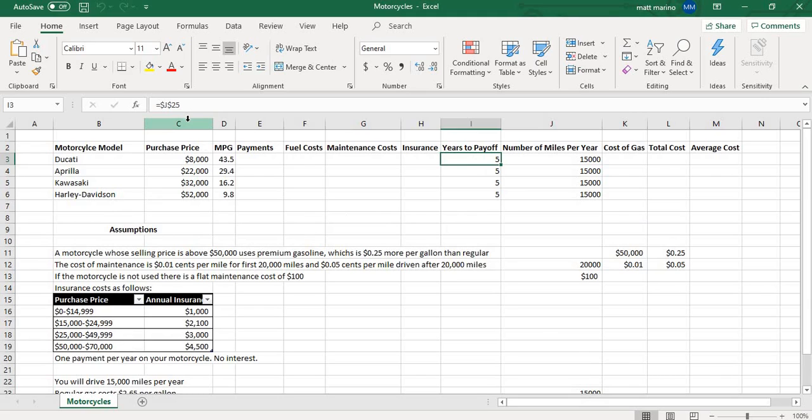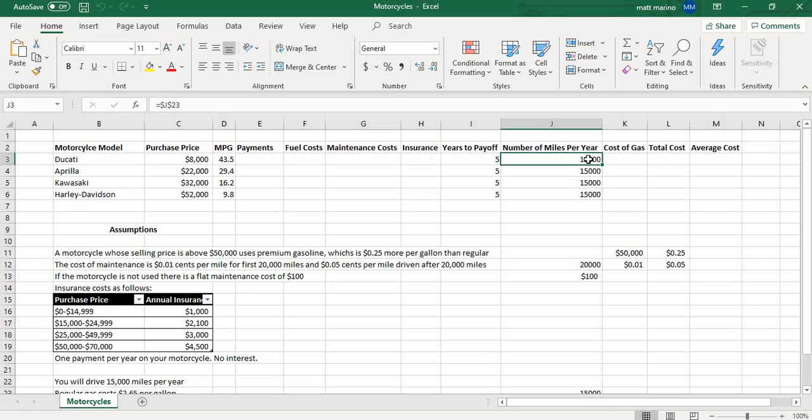In order to utilize an absolute cell reference, we need dollar signs before each of our row and column. So in this case, it is $J$25. And I've already dragged down the formula for you to represent all 4 motorcycles having 5 years to pay off.